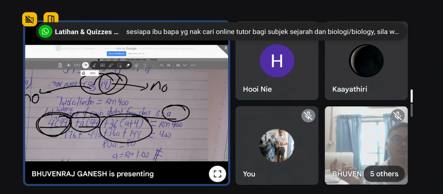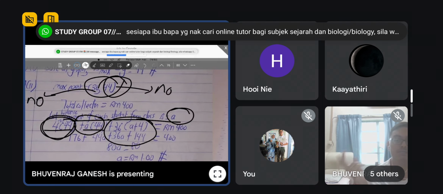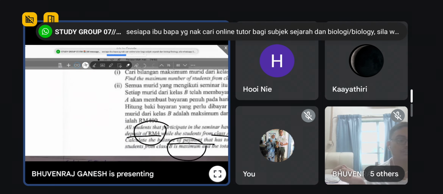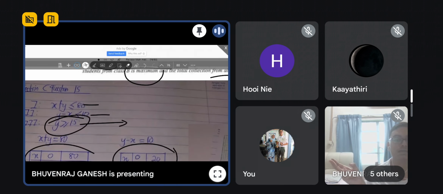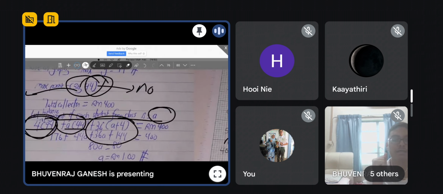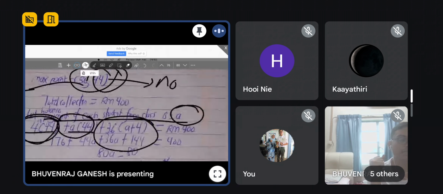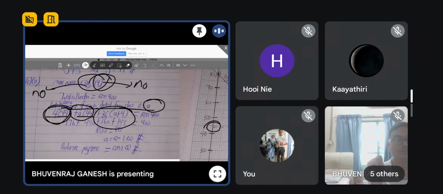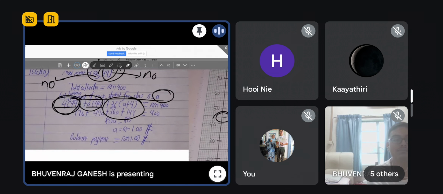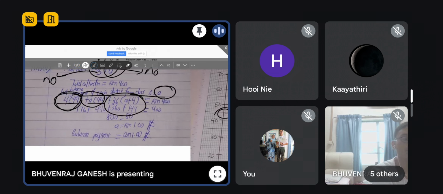Okay, why A plus 4? Balance payment, we assume as A. RM4 ni datang mana? Deposit. So balance payment tambah dengan deposit, dia bayar untuk satu student. A plus 4. So total student, we have 36. So that's why 36 kali dengan A plus 4. Boleh faham tak, guys? So then you solve the whole question, cari nilai A.